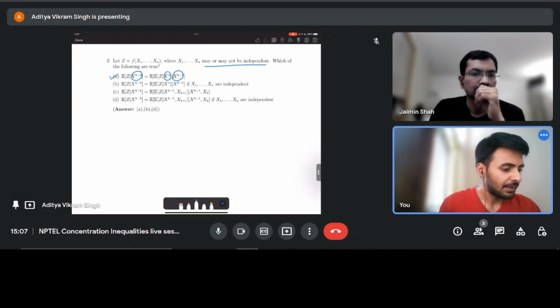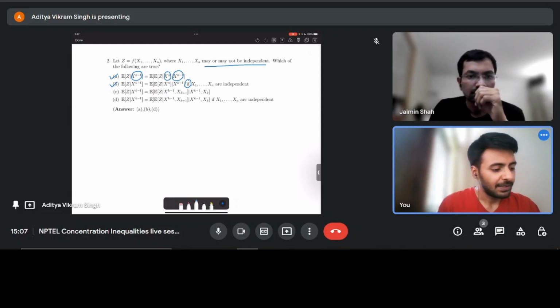Then B is same as A, but here x1 to xn are independent, so this is also true. This is true both if they are independent and if they are not. And then we have this important, useful property, which is that expectation of z given xk minus 1.